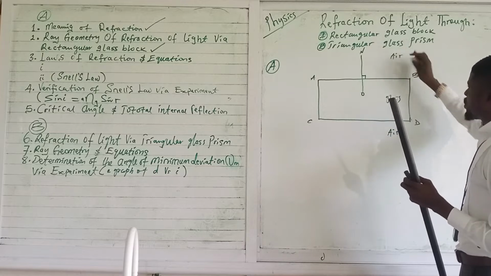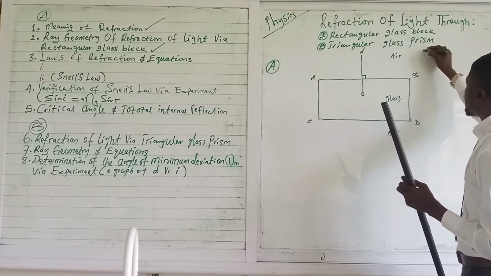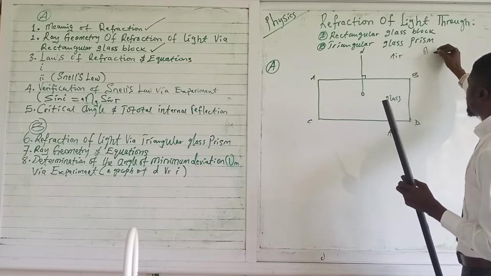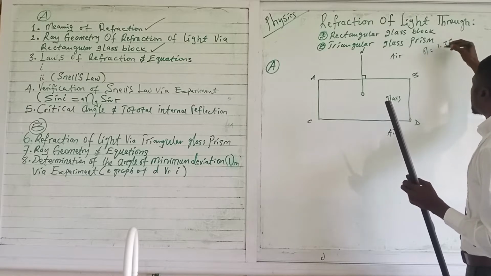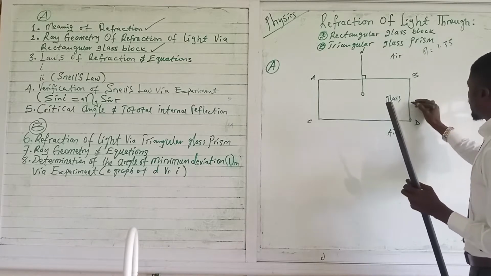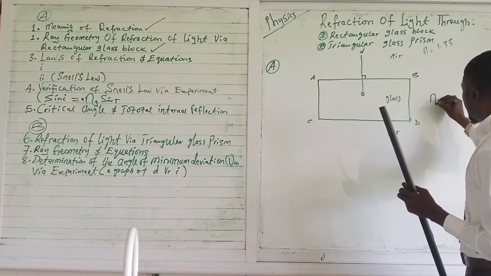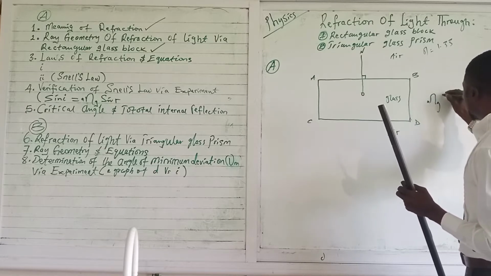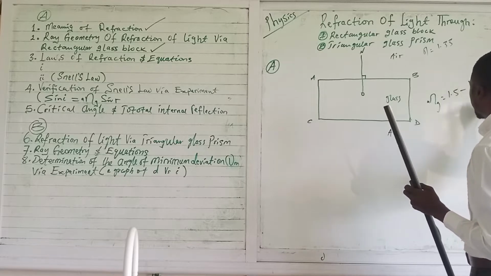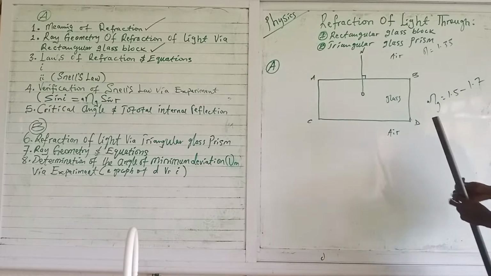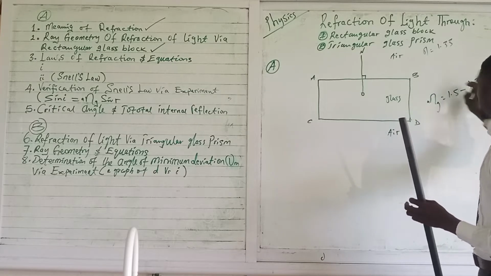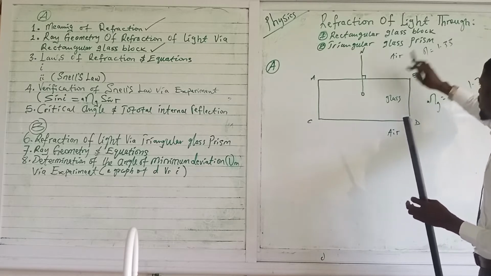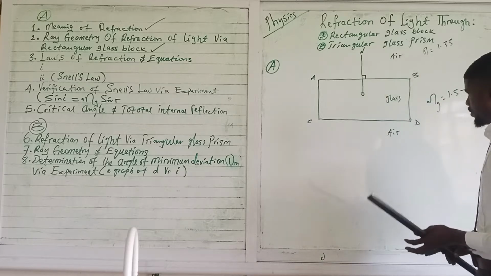The air media has a refractive index of 1.33 thereabout, and then the glass media has a refractive index of 1.5 to 1.7. That is the range. The range for the refractive index of the glass is from this to this, and for air is from this to this. Meaning these two don't have the same densities.